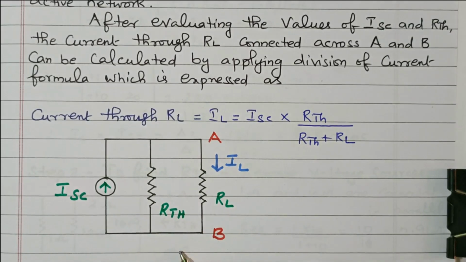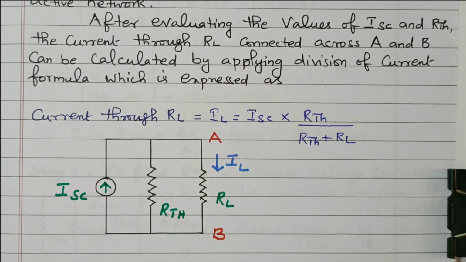So in Norton's theorem, the complicated network is converted into a current source in parallel with the Thevenin resistance. From that simplified circuit, we can easily find either the current or voltage through the load resistance at terminal AB using the current divider rule.